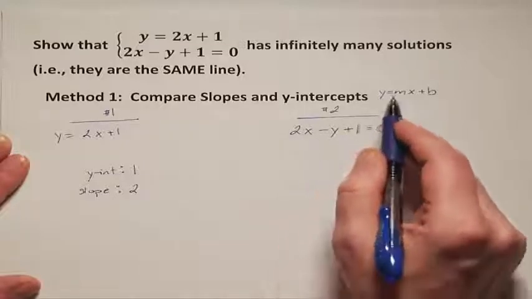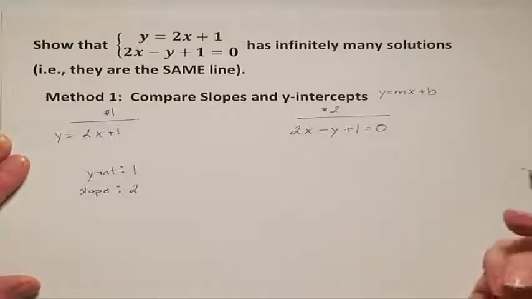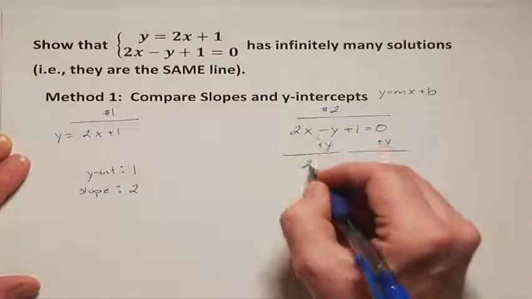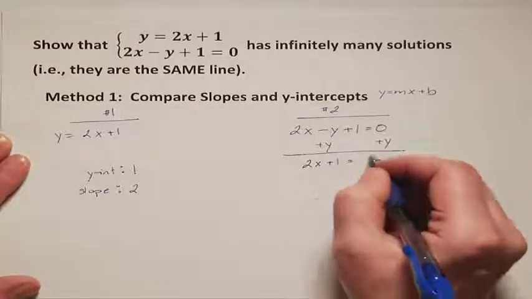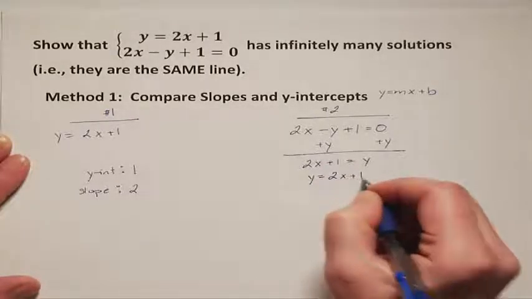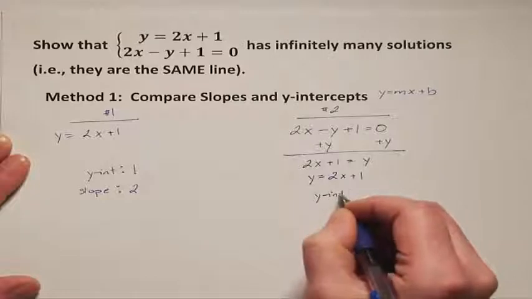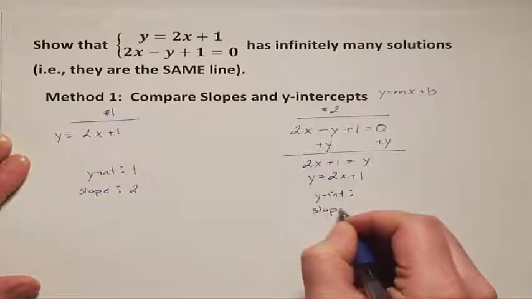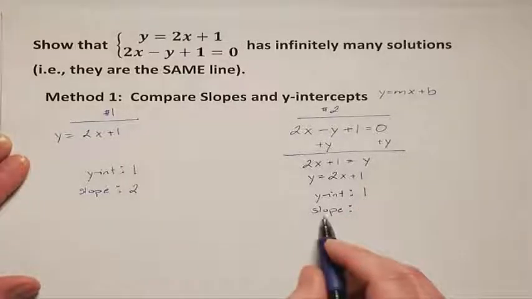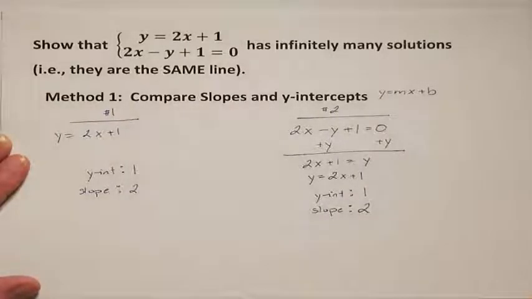This is not in y equals form, so I need to make it in y equals form. So I'm going to add y to both sides. I get 2x plus 1 to equal y. So this is actually y equals 2x plus 1. I can now find my y-intercept and my slope. The y-intercept is the b of a positive 1. My slope is the number in front of x, which is a 2.